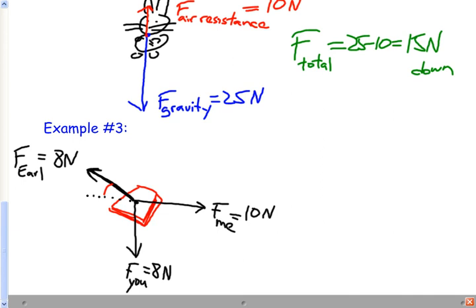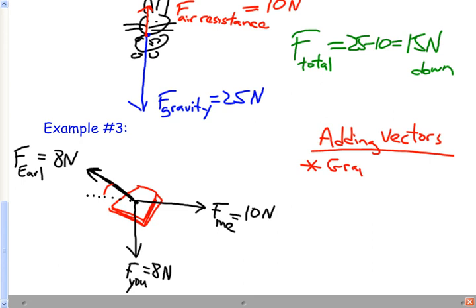There's a number of ways to add vectors in this situation, and when you do that, you have options. We're not going to hit all those options here or try to explain the details. But one way is to add the vectors graphically. You use the pictures of the vectors to help you figure out the total force.